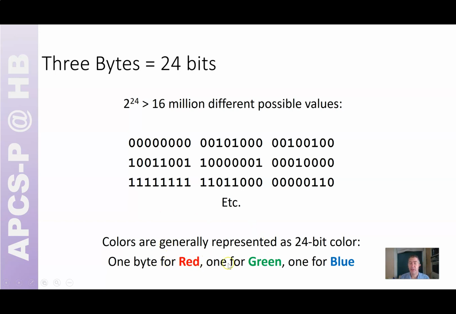There's 1 byte for red, 1 byte for green, 1 byte for blue. So this, for instance, would be a lot of red, quite a bit of green, and a little bit of blue if you were looking at that number. Just out of information, people's eyes can distinguish between 10 and 15 million colors. So with 16 million different possible values, that covers everything that humans need to see.